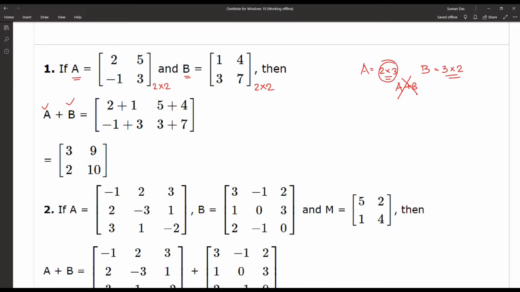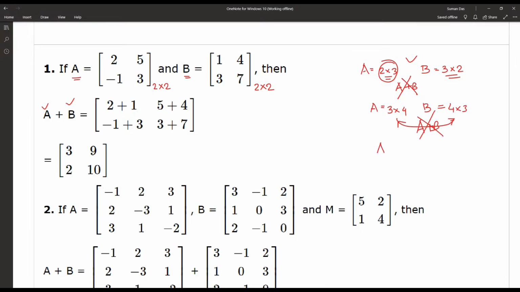That means both are different. So we cannot proceed with the addition of A and B. Suppose another matrix A has the order 3 cross 4 and another matrix B has the order 4 cross 3. As the orders of the two matrices are different, A plus B is not possible.